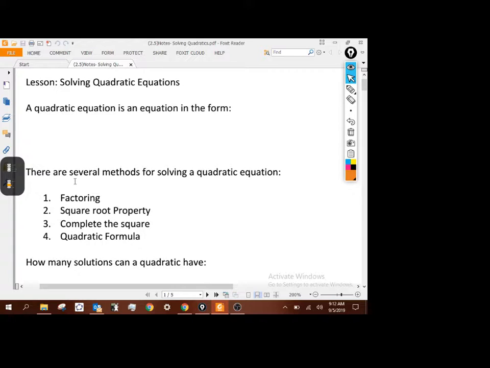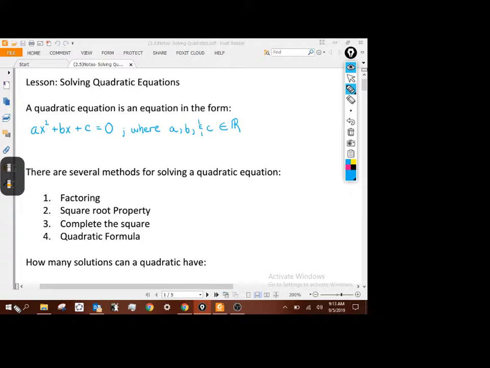Okay, so quadratic equation. A quadratic equation is of the form ax squared plus bx plus c equals 0, where A, B, and C are real numbers.